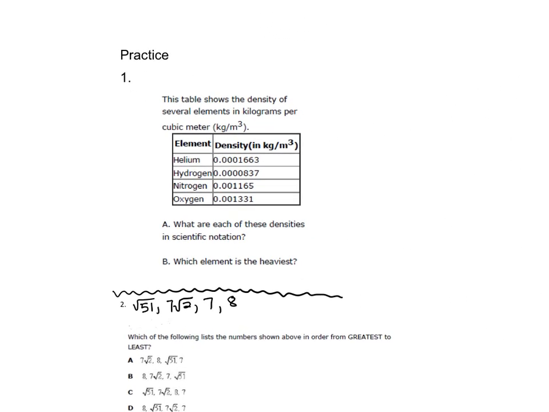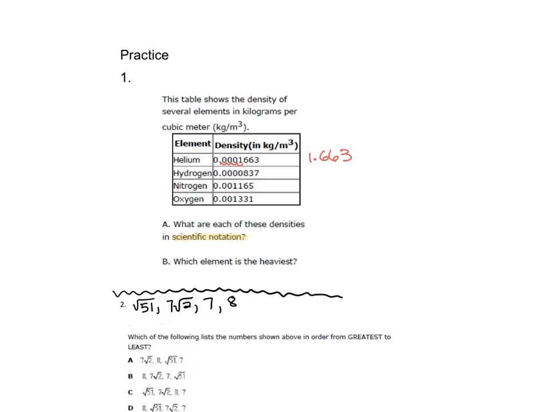And number one is asking us to create some scientific notation from these densities of several elements. So helium, we're going to back our decimal up 1, 2, 3, 4 places because scientific notation means only one digit is in front of the decimal.